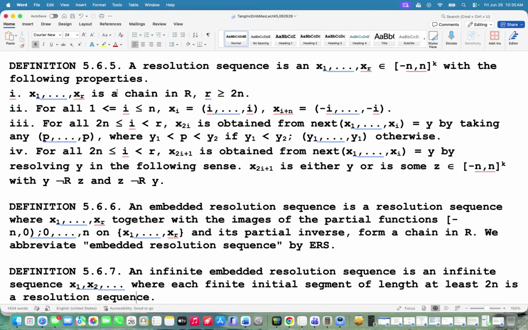Now here, what you do is, if you're doing this at an even place, in other words, an even index k-tuple, then you want to use this for density purposes. What you want to do here is look at the first two terms. You first look up next. You're always going to look up next. You look up next, and you look at the first two terms.